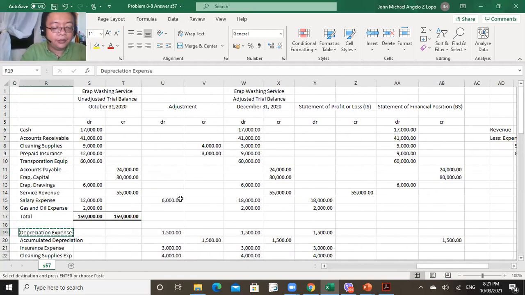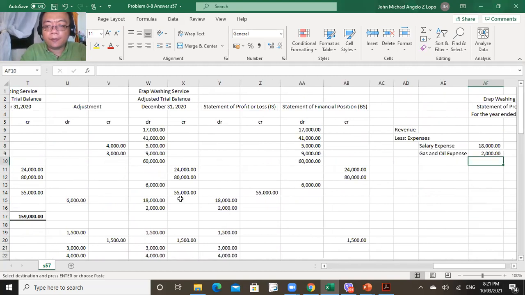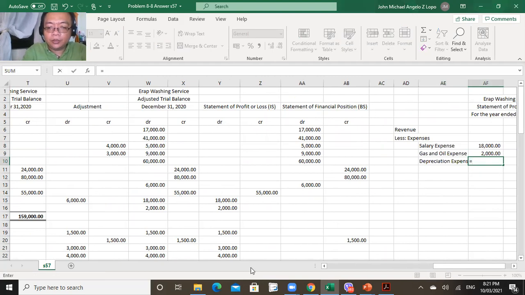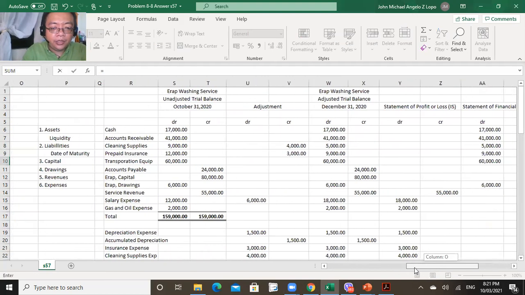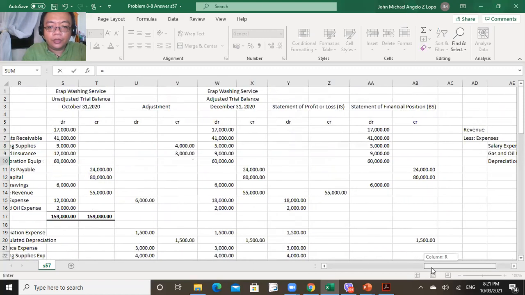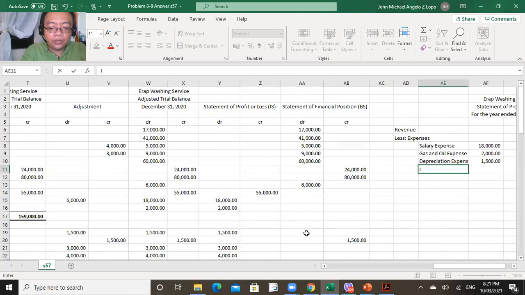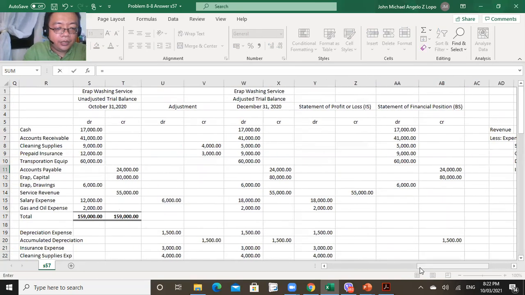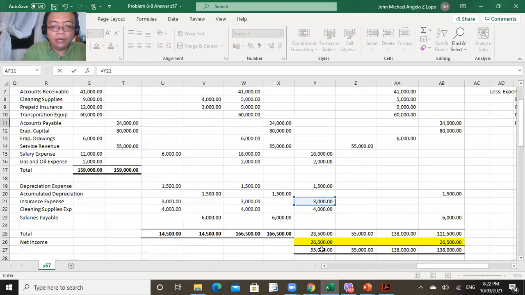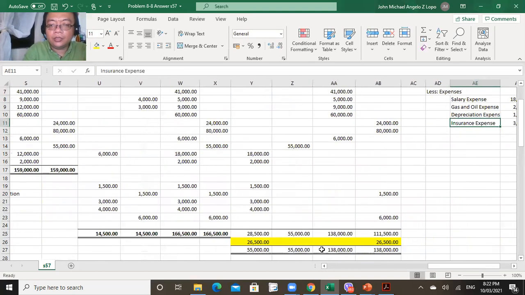What else? You also have the debt expense, which is 1,500. You also have your insurance expense, which is 3,000.